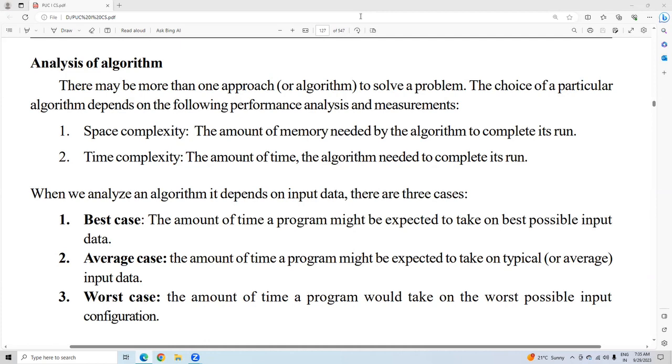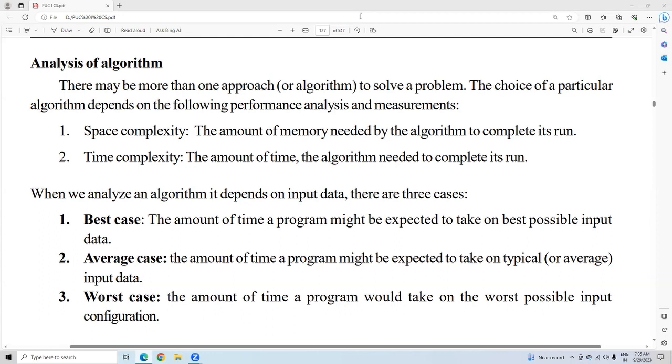In the same way, whenever you are solving any problem in a computer also, the same multiple solutions will apply here also. That means multiple algorithms will be there.